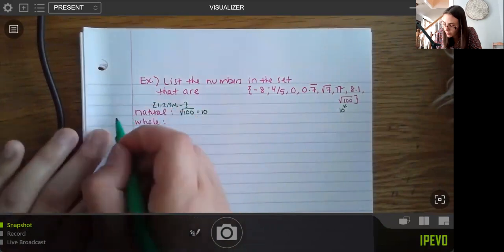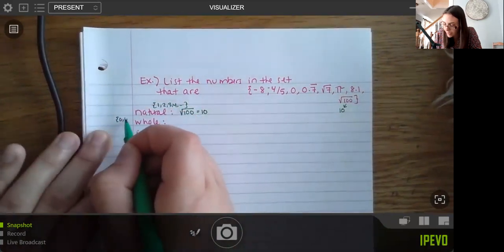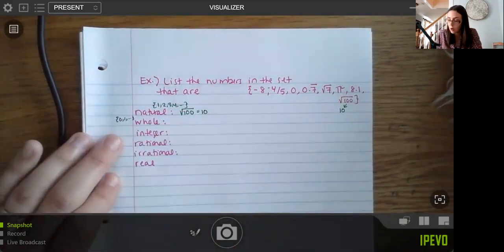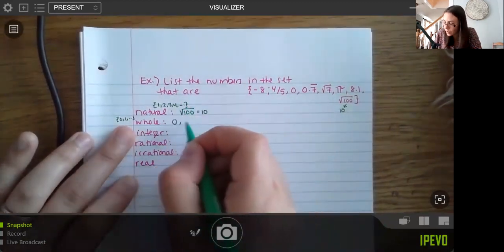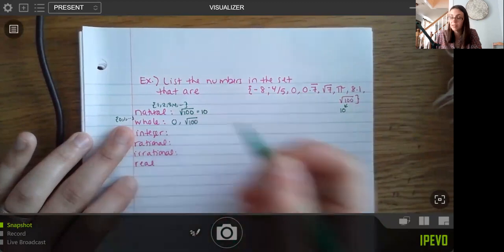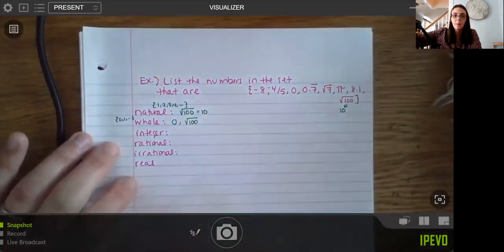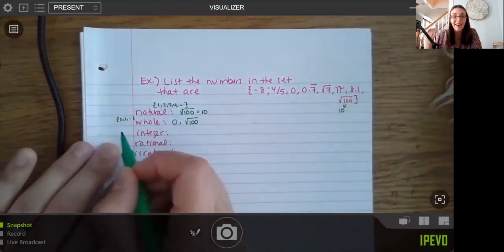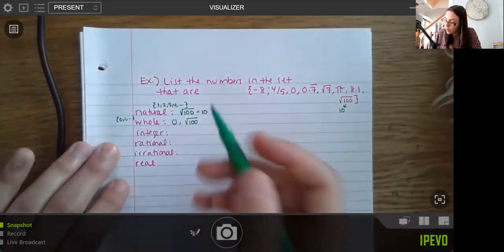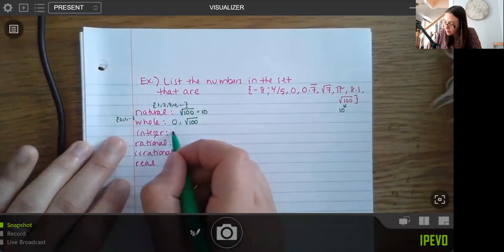Now your whole numbers, remember, are the same thing, but they're going to start at 0. So for our whole numbers, I do have 0 there. And again, I also have the square root of 100 because it's 10. Our integers are the same thing, but they include our negatives. So -8.